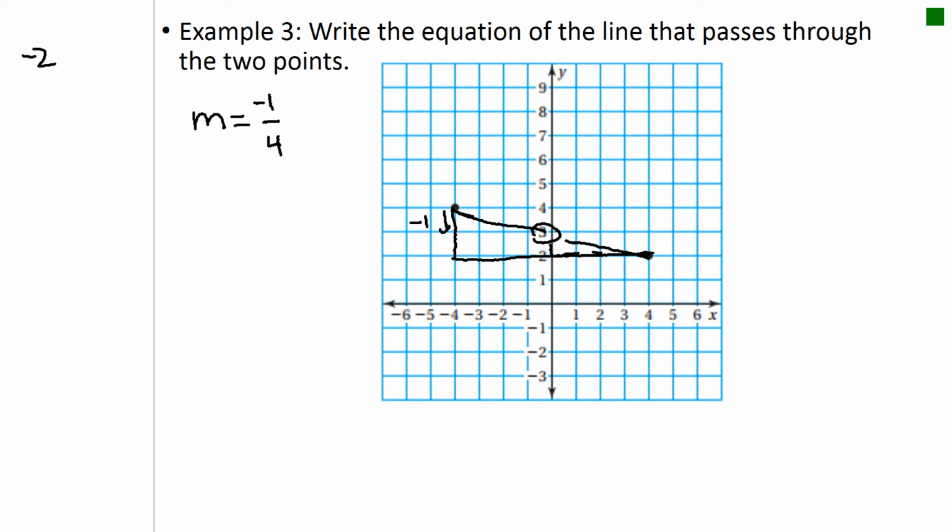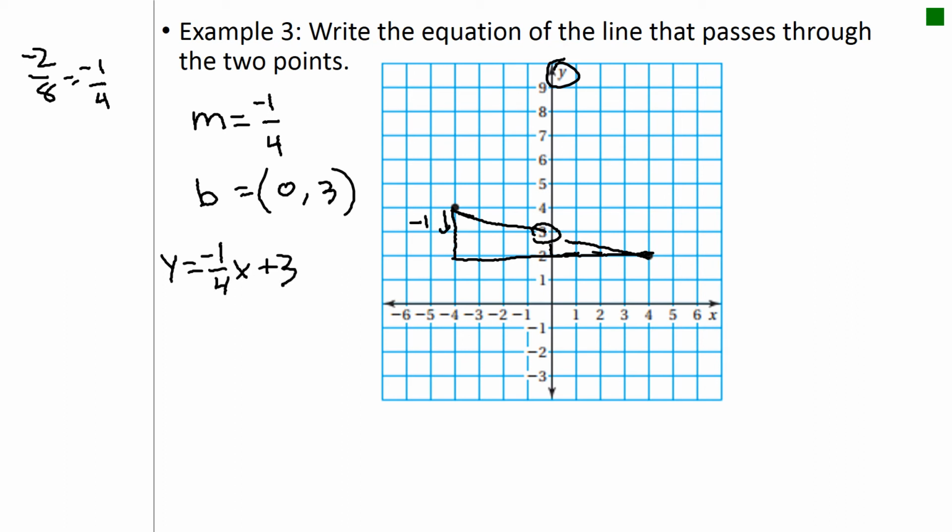And of course, -2 over 8 equals -1 over 4. Okay, once we've got the slope, we're going to dial into that intercept. Recall that's where it crosses the y-axis, and in this graph it's 3. We're all ready to write our slope intercept form.